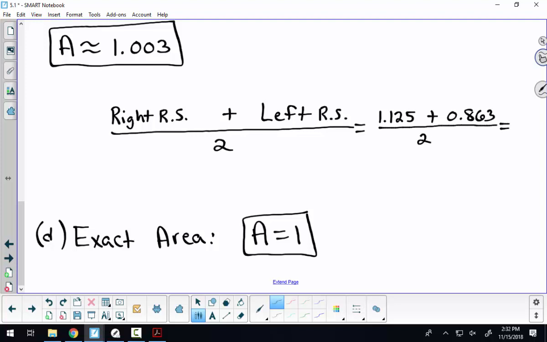And what did you get, Joel? 0.994. So it's not exactly what we got with the midpoint Riemann sum, but it's also a good approximation of the actual area.